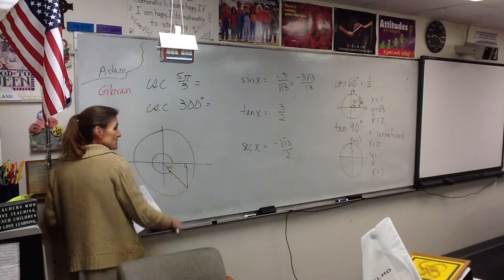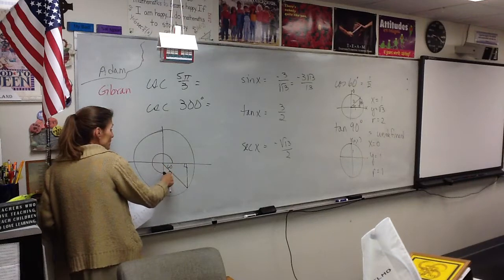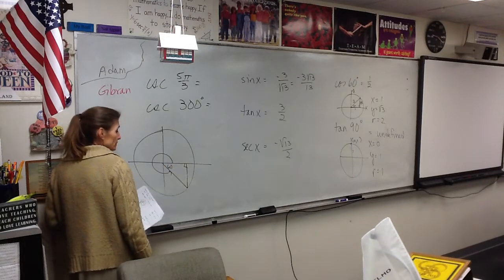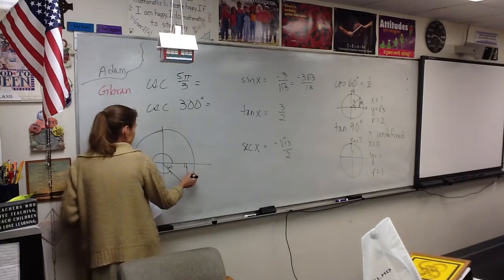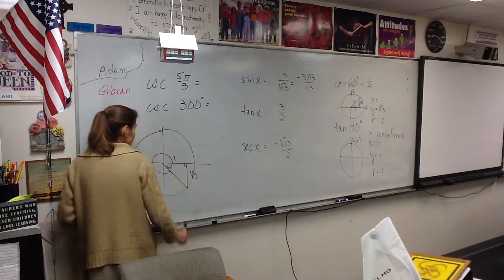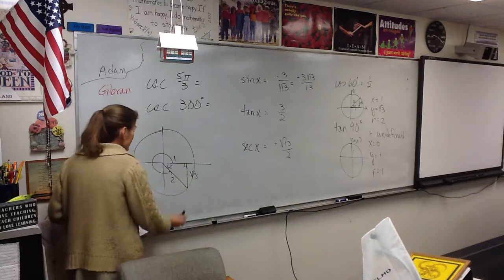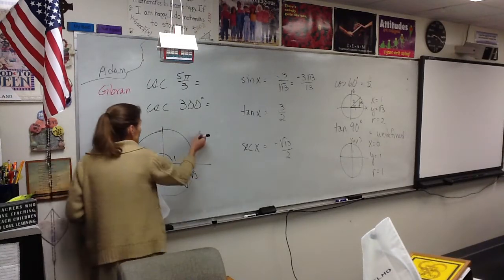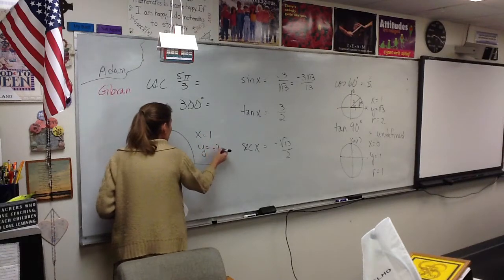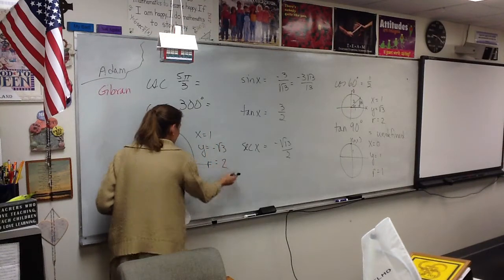Kids, all the way around is 360. So if I go 300, I've got 60 more to go. I know that the label across from the 60 is root 3. Anything in that picture negative, the root 3. So x is 1, y is negative root 3, and r is 2.